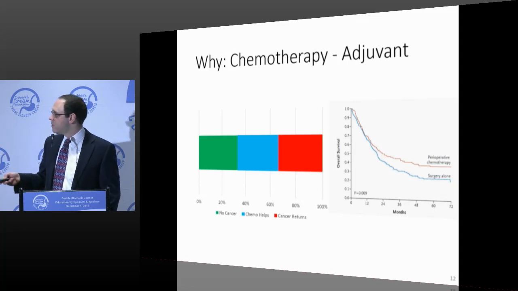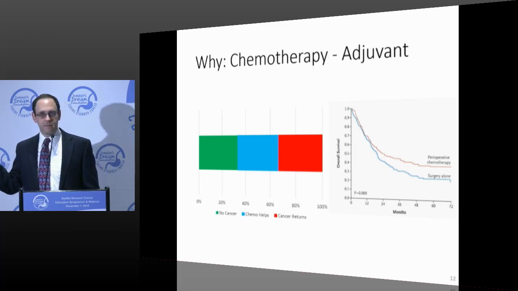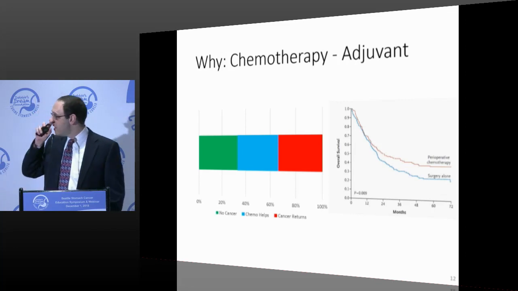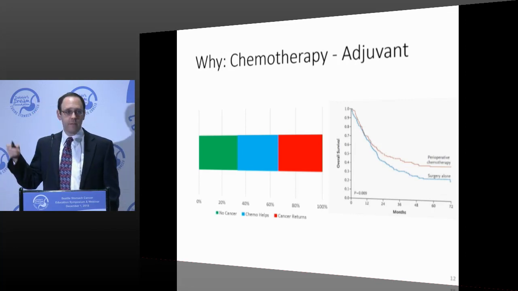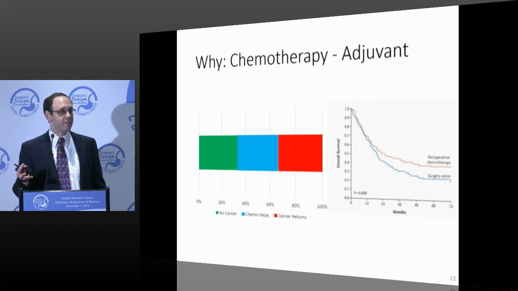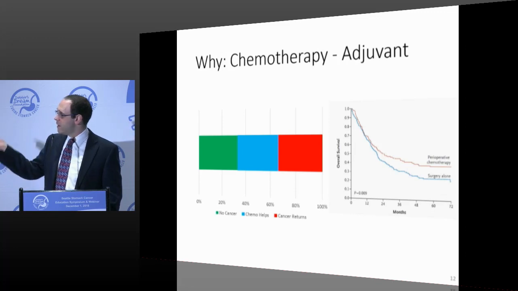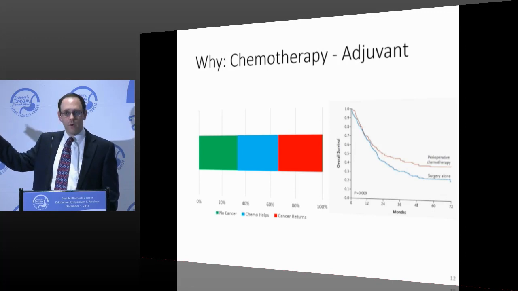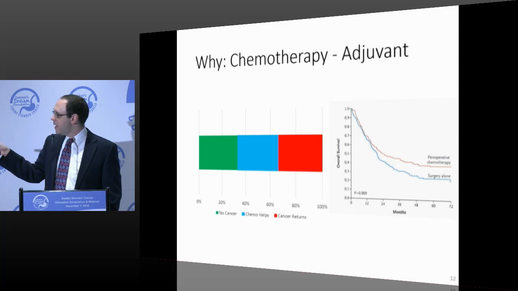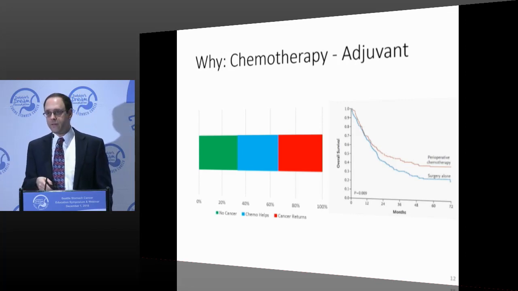And if this was people who just had surgery alone, it looks at time as you go out, and 72 months is 6 years. What happens to people? Every time the line drops, in this case, someone died. So the more you can move, in this case, the red line up, the more people we're helping. And this is looking at perioperative chemotherapy, so it's chemotherapy before and after surgery.